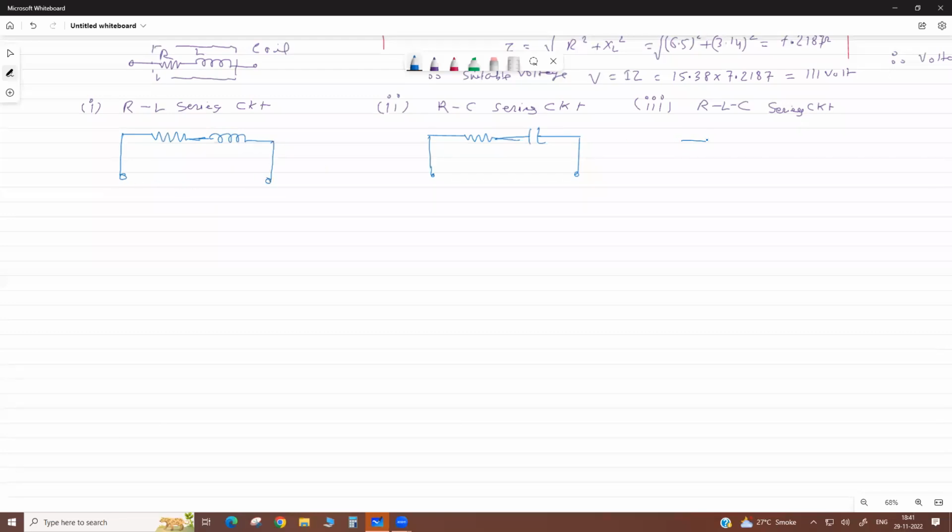If there are all three components, a resistance, inductor and a capacitor, it forms an RLC series circuit.